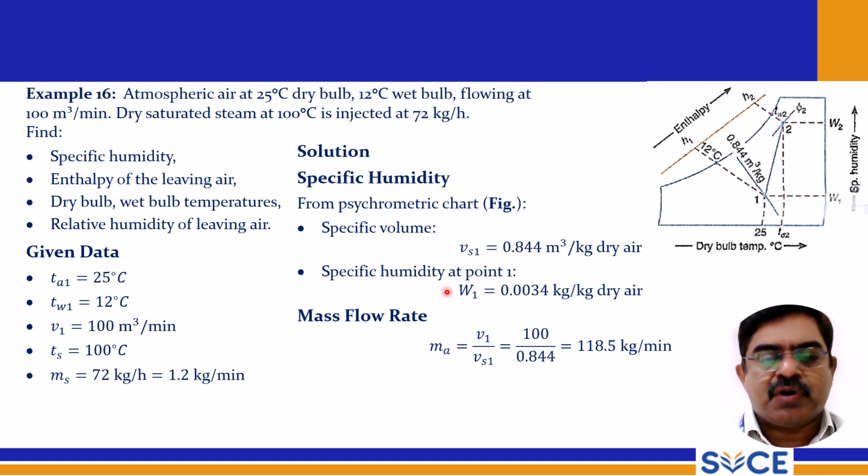The specific humidity at point 1, the air entering the stream, is W1 equal to 0.0034 kg per kg of dry air. Mass flow rate ma equal to V1 divided by VS1, that is 100 divided by 0.844, which equals 118.5 kg per minute.